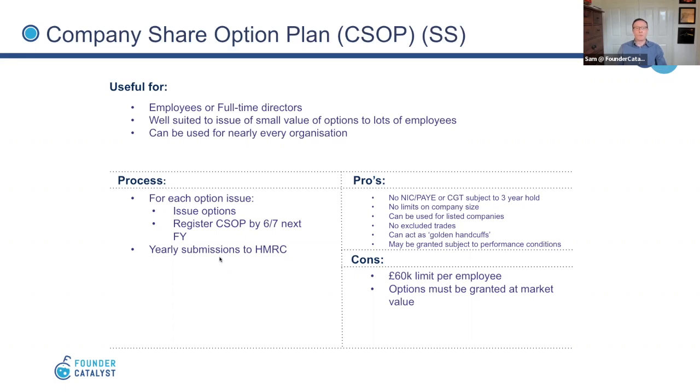But it is well suited to big organizations with lots of employees where you want to give relatively small options to tens of thousands of people. The other crucial downside is options must be granted at market value, so you can't discount the allocation of shares. So people only start at that value.